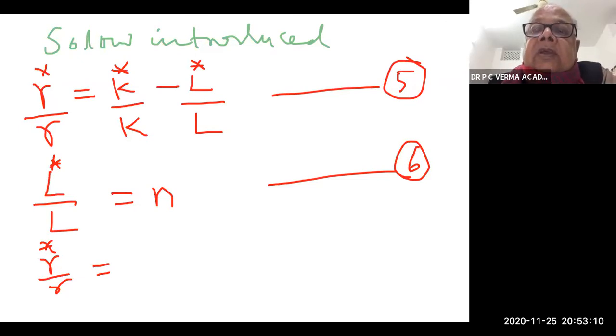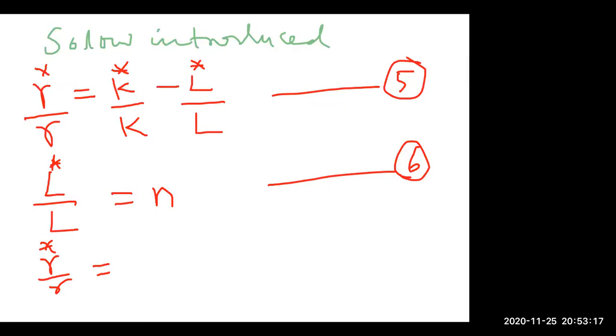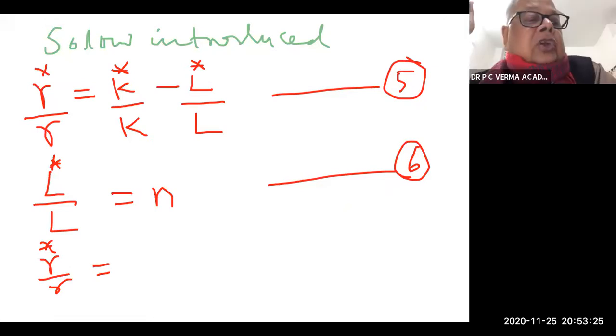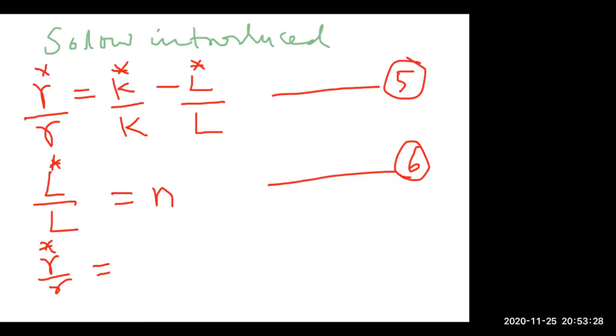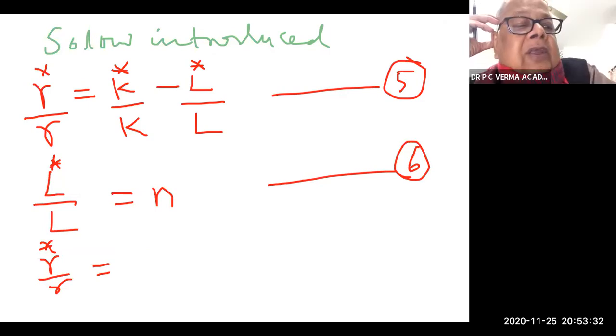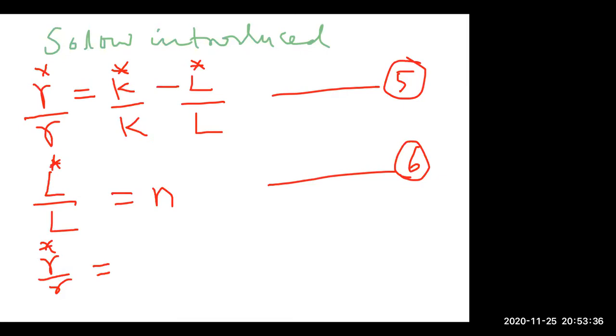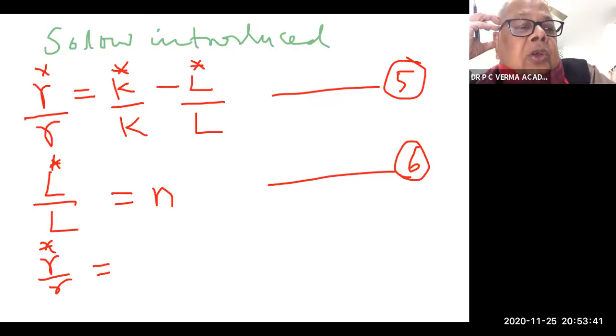Dividing, Solow introduced R star by R equal to K star by K minus L star by L. This is the equation introduced by Solow.